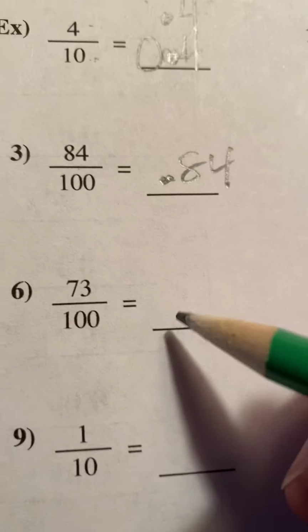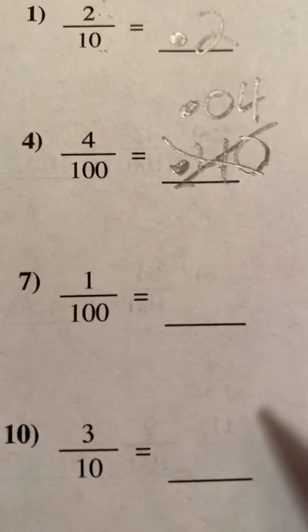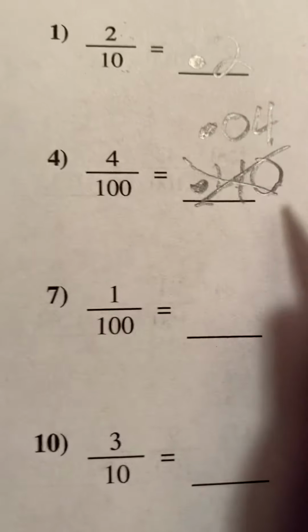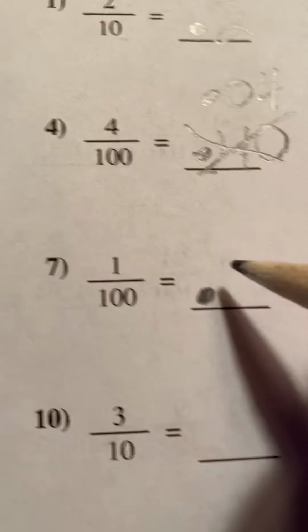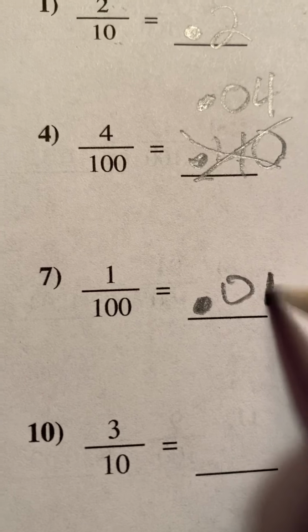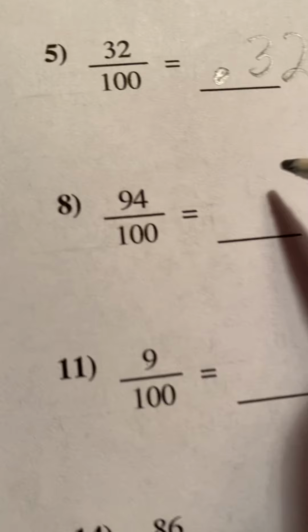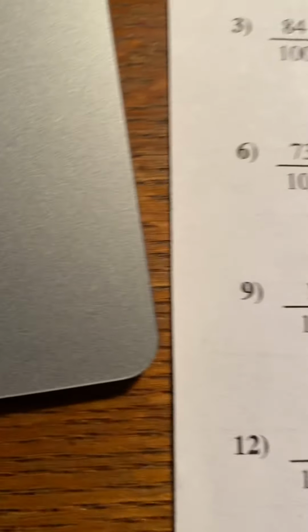There's 32 hundredths. 73 hundredths, two numbers after the decimal, 0.73. All right, you should be on to this trick right now. 1 hundredth, two numbers after the decimal, and I only want it to say 1. What's the only way I can write 1 as a hundredth? 0.01. 94 hundredths, okay, two numbers after the decimal, 0.94.